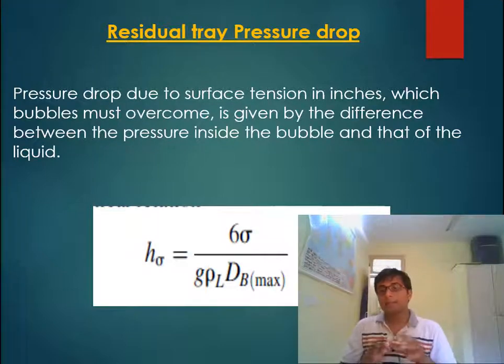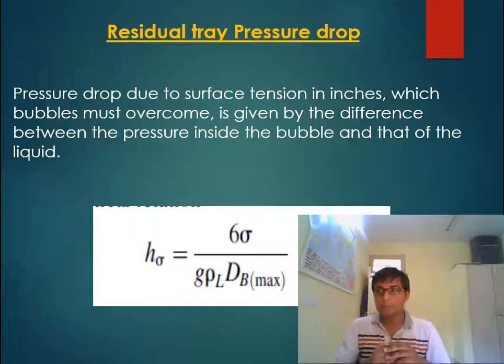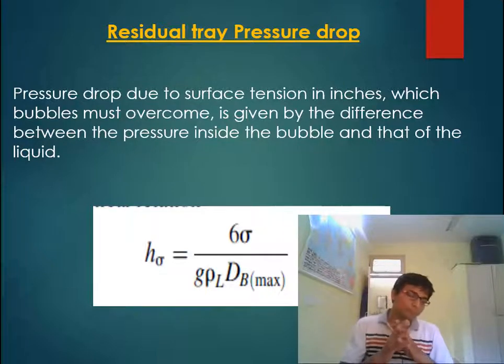So the pressure inside the bubble will be higher than the liquid pressure, and that difference will be equal to 2 times surface tension divided by the radius of the vapor bubble, or 4 times surface tension divided by the diameter of the vapor bubble.